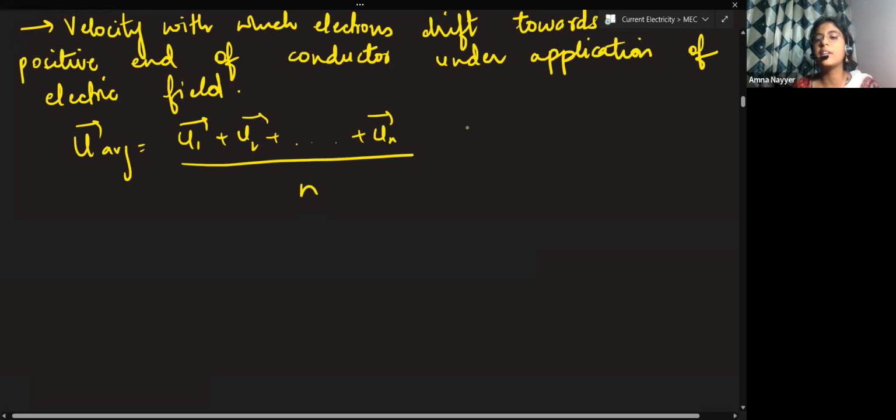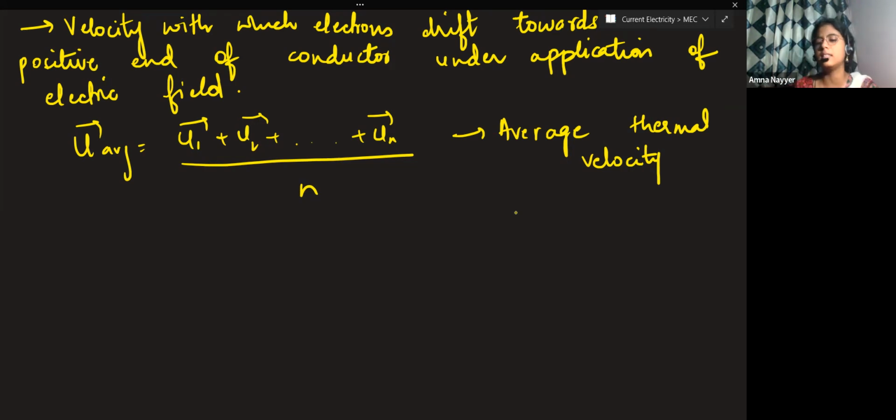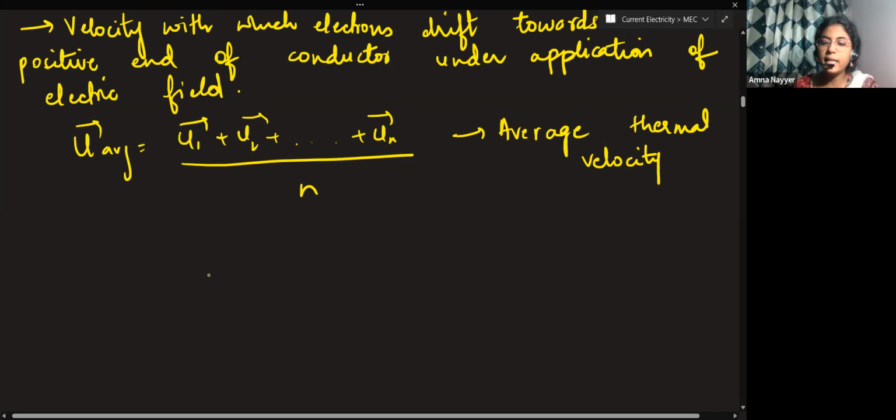This is the average thermal initial velocity of all electrons. Since there is no movement of electrons across the conductor before application of an electric field, this is zero. Okay, next thing, F is equal to what?